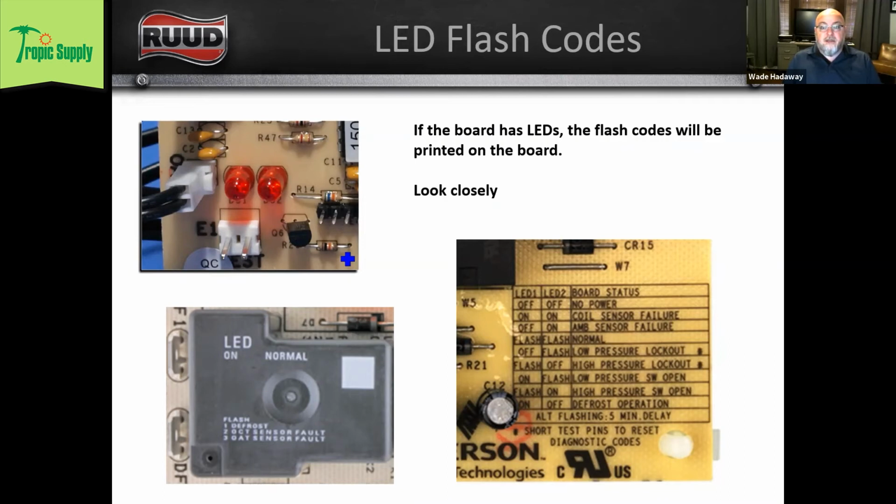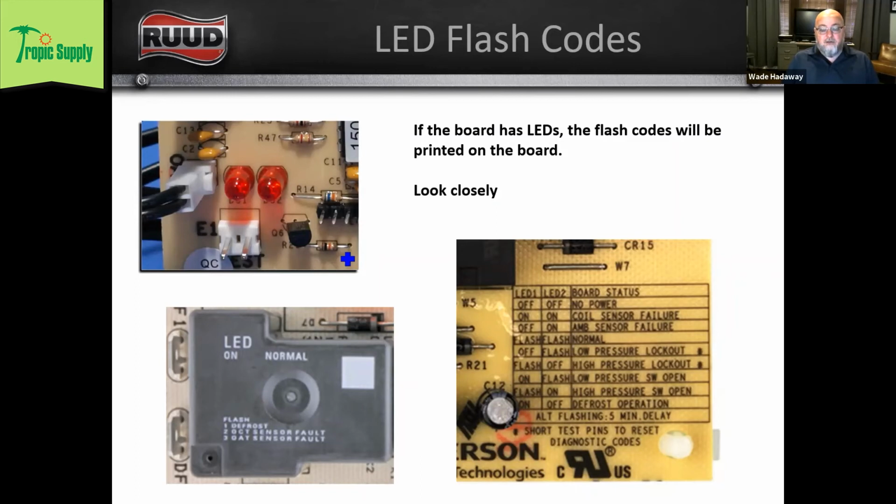That doesn't mean that there's anything wrong with it, and I'm going to talk about how to force a unit into defrost here in just a minute. But it's not just looking at outdoor temperature; it's also looking at outdoor coil temp and the difference between those. And if it doesn't have any issues defrosting on off cycle or otherwise, it might not go into defrost.